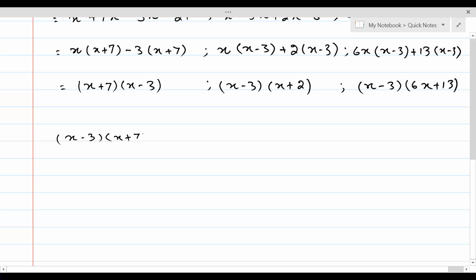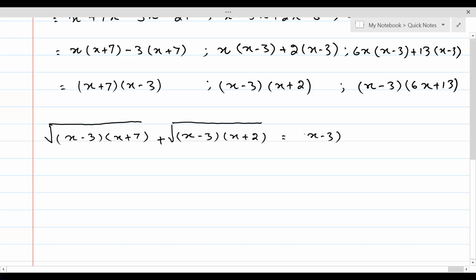plus square root of x minus 3 times x plus 2, equal to square root of x minus 3 times 6x plus 13.